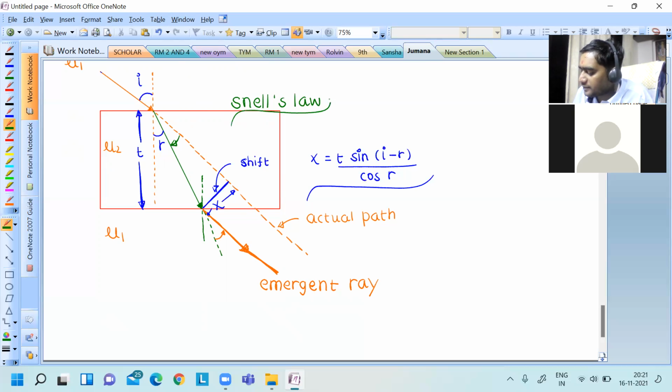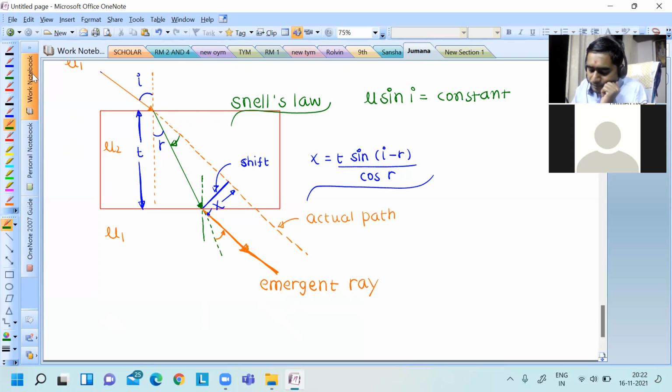The mathematical expression for Snell's law is: mu times sine of the angle always remains constant. For any medium, if you take the product of the refractive index with the sine of the angle the light makes with the normal line, the product of these two terms always remains constant.